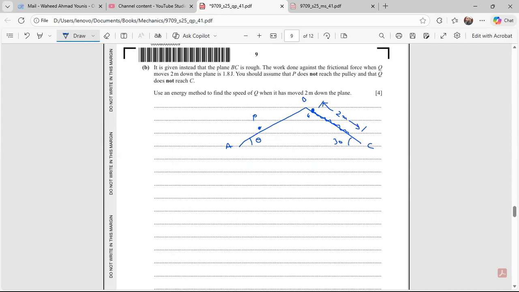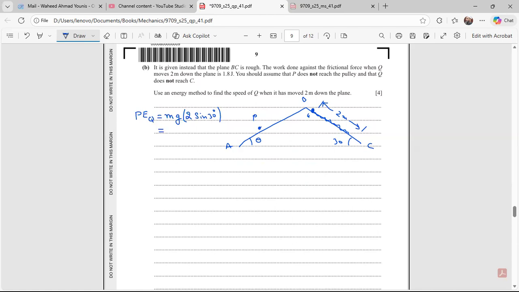So loss of potential energy of Q, this is mgh, and h in this case is going to be 2 times sine 30. Does it make sense? Because 2 is this length along the slope, and the angle is 30. 2 sine 30 is the vertical distance, the height it has lost, right?